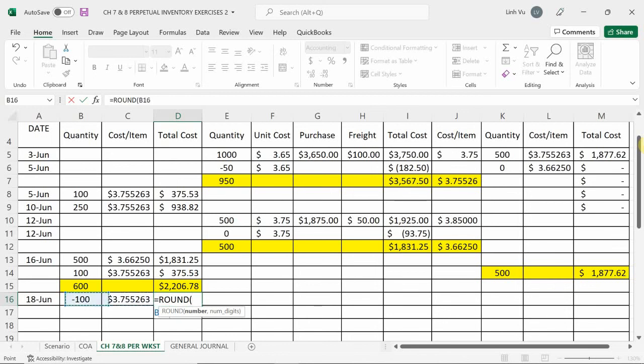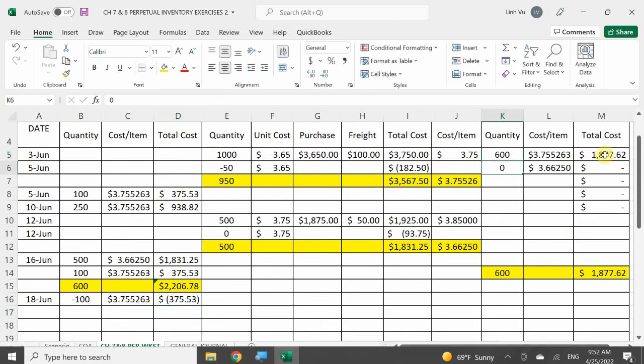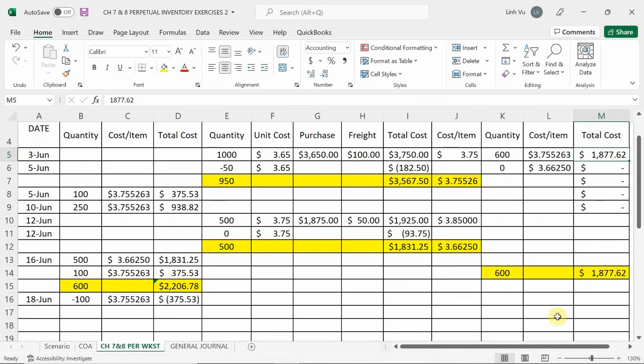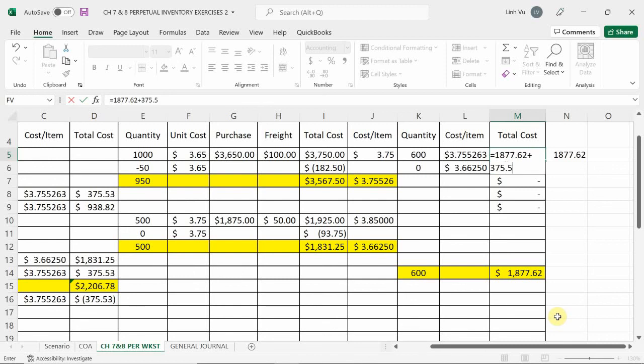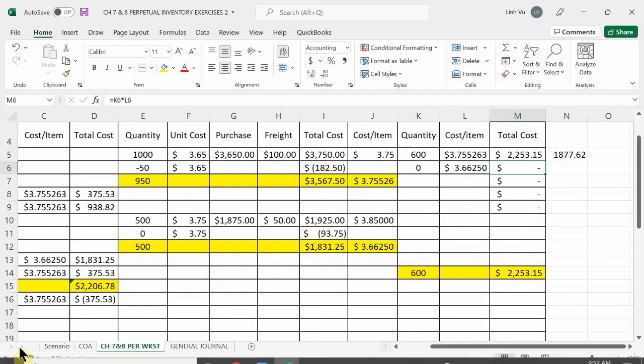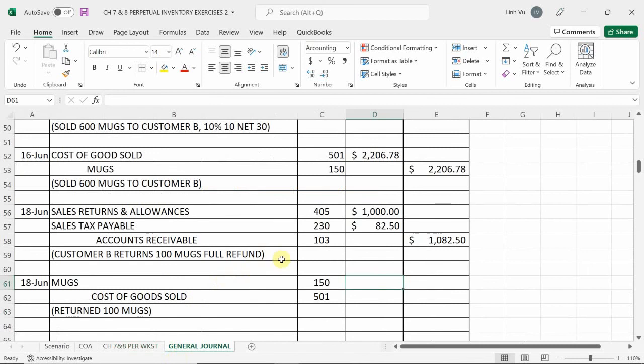So in this case, you should get back $375.53, which will increase us back to $600, which will increase this back to $2,253.15. So that means I need to refund $375.53 back into my inventory.